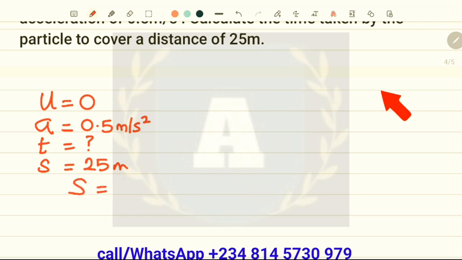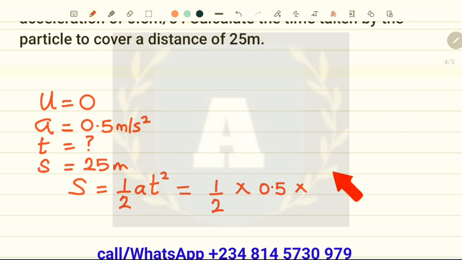So use your equation that says s equals 1 all over 2 at squared. So 1 all over 2 multiplied by acceleration, which is 0.5, multiplied by t squared, is equal to the distance. The distance is 25 meters. Let me write it in a simpler way.